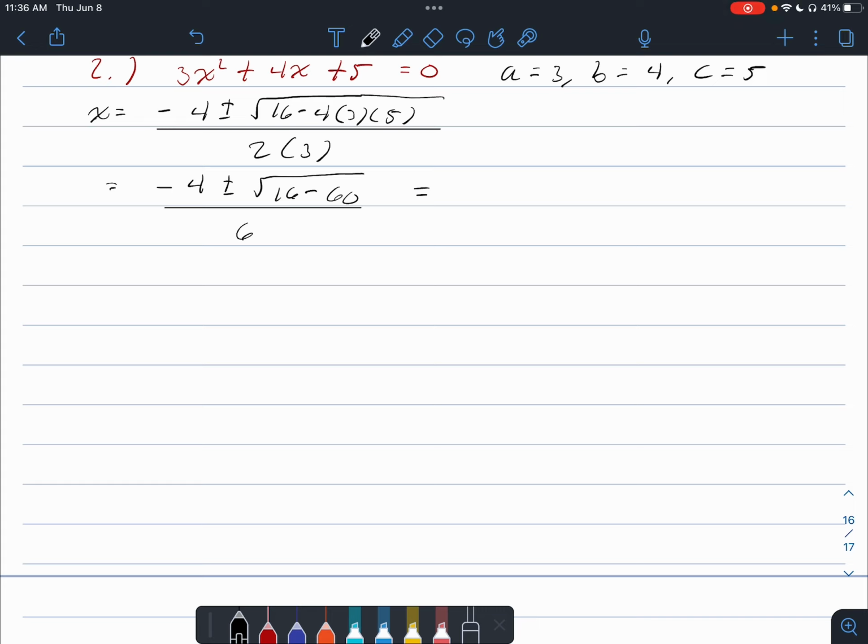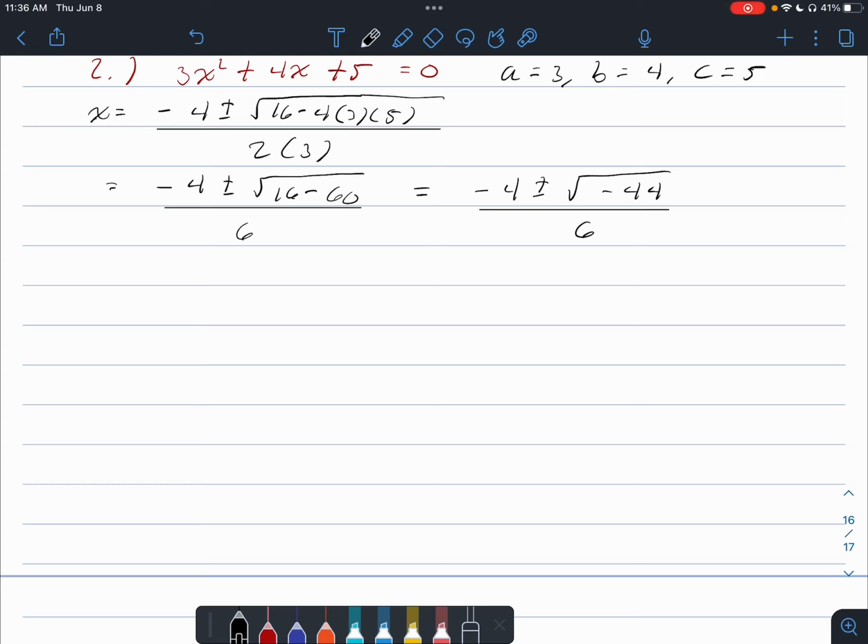Okay. So again, we could simplify this further as negative 4 plus or minus the square root of 16 minus 60. That'll give us negative 44. And this will all be over 6.